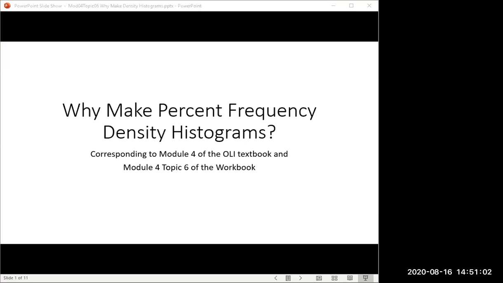So this is still in module 4 of the OLI textbook. That module 4 is about exploring data. Around pages 19 through 21, there's some discussion about histograms. This type of histogram is not discussed there, but it is written up in topic 6 of the workbook.